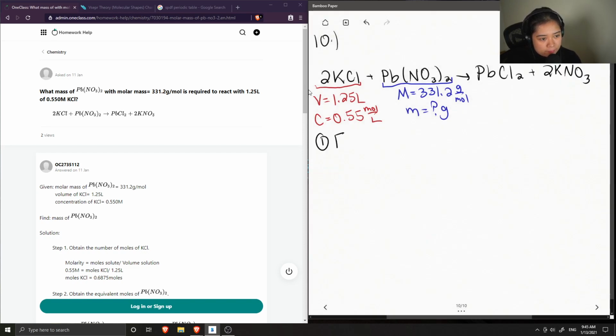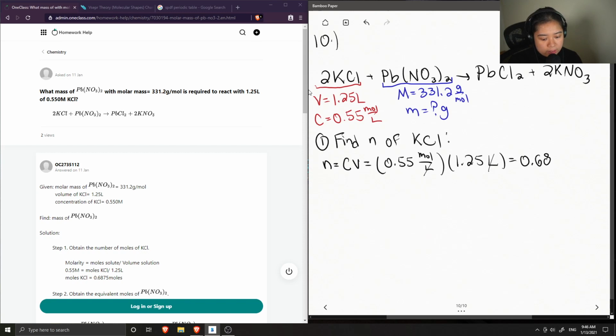So step 1 is to first find the number of moles of potassium chloride. So we do that by multiplying our concentration and our volume. So the concentration was 0.55 moles per liter, and the volume was 1.25 liters. So this cancels out our liters and tells us that we have 0.688 moles of potassium chloride.